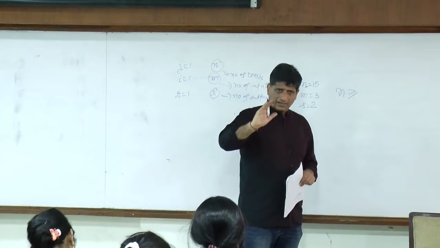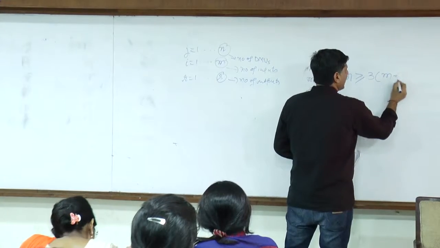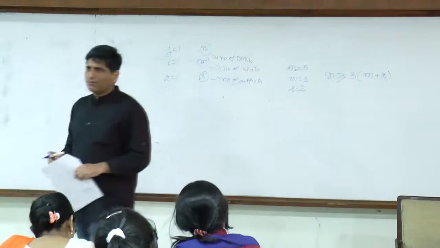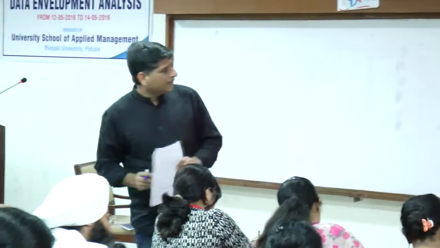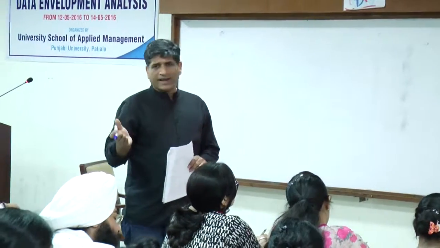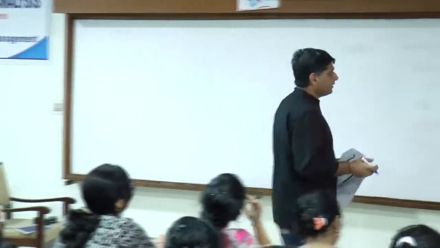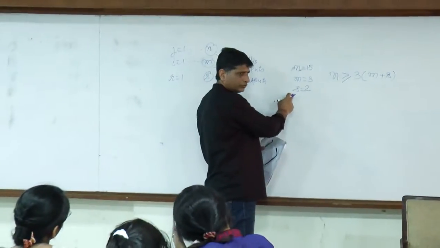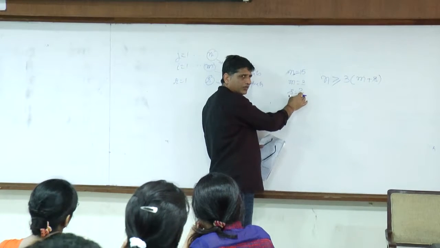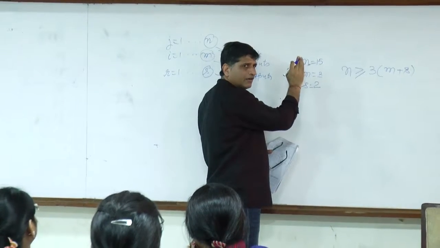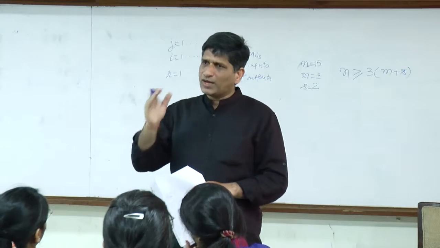Now, the requirement is the minimum sample size: n greater than or equal to 3 times (m plus s). This is the basic requirement, that your sample size should be 3 times that. Now, if we are talking about this scenario, m is equal to 3, s is 2, 2 plus 3 is 5, multiplied by 3 is 15. So the sample size should be at least a minimum of 15. That gives a robust result.